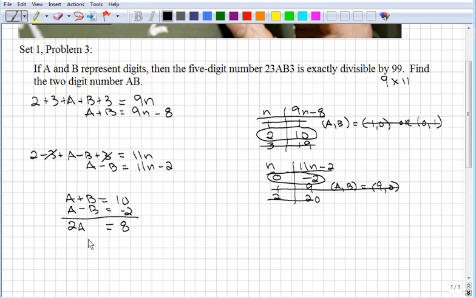If we divide both sides by 2, that gives us A is equal to 4. Okay? And since we know that the sum of the digits has to be 10, then I know that B has to be 6. So we get AB is equal to 46. And that's the answer.